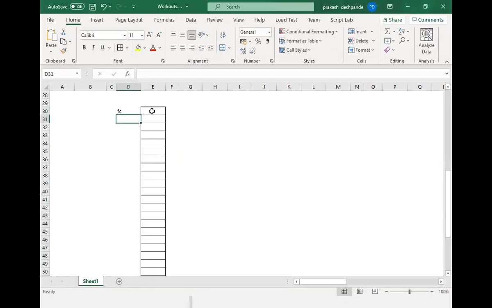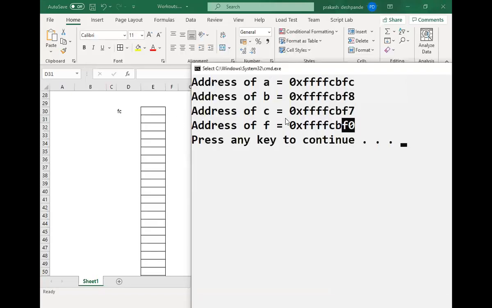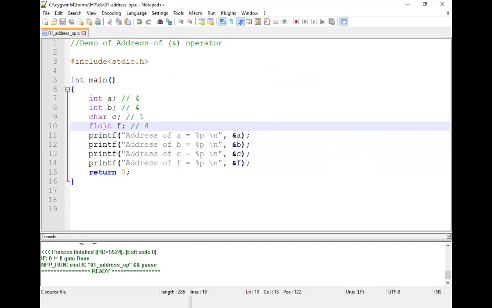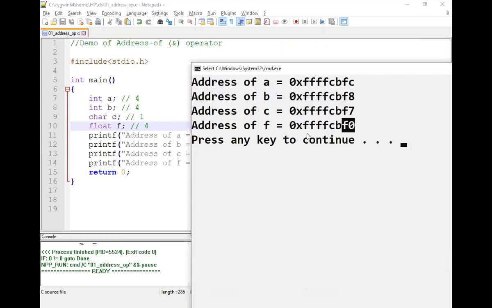Address FC. Now, what type of data is it? F is what data type? Look into the program. It is float. A float requires how many bytes? 4 bytes. So the address of F is F0.